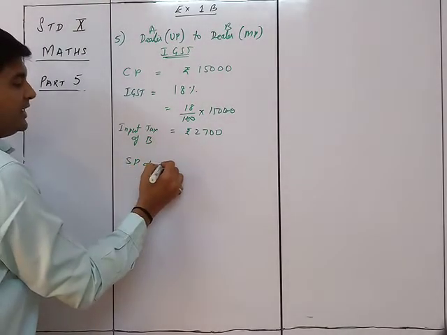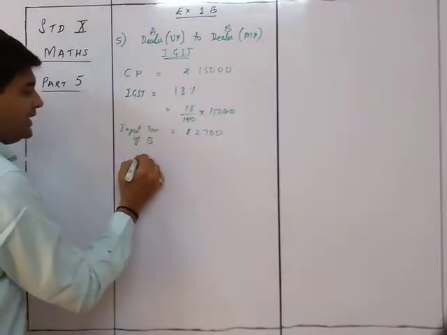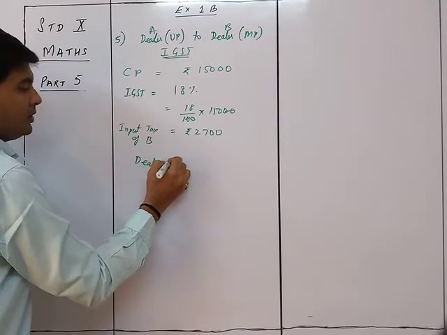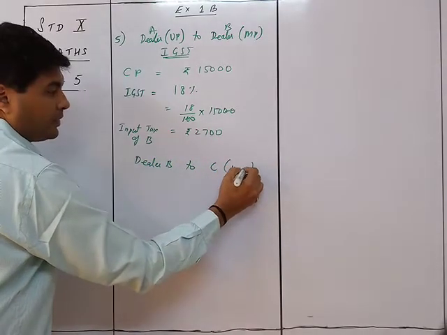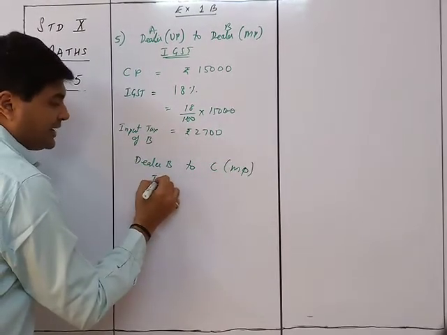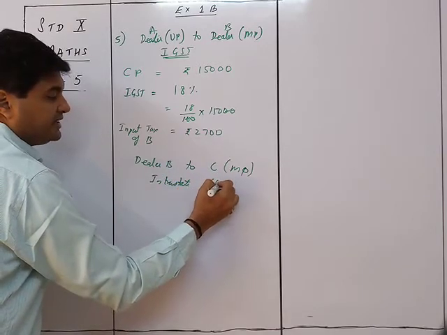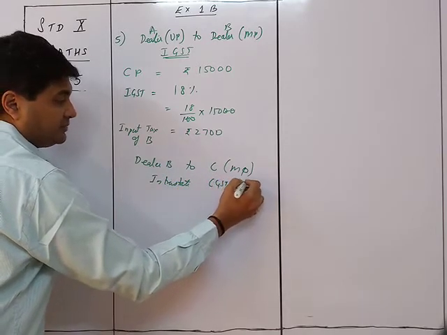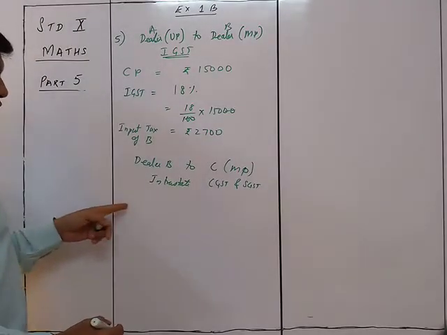Now, SP of dealer B. Now what is happening? This is dealer B to C in MP. So that is again, this is now intrastate, so that will be CGST and SGST. Right? So what is the profit?